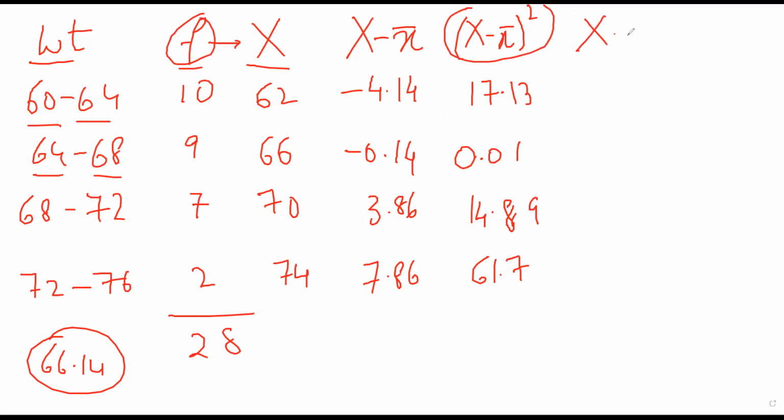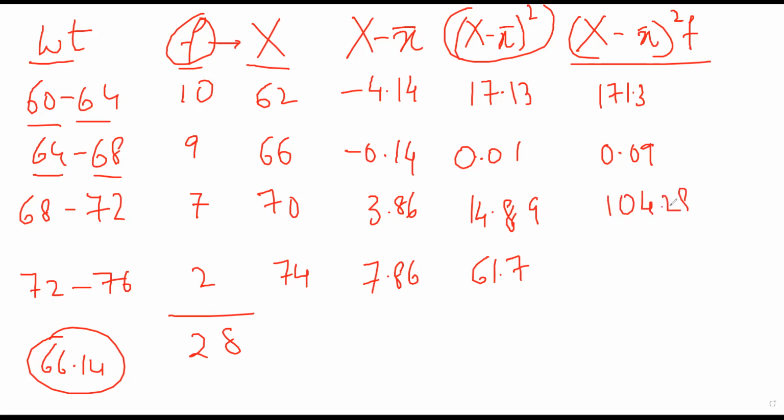Anyway, the next step is multiplying frequency with this. So capital X minus small x bar whole square into f. 10 into 17.13 is 171.3. Then 9 into this is 0.09. 7 into 14.89 is 104.23, and 61.7 into 2 is 123.4.